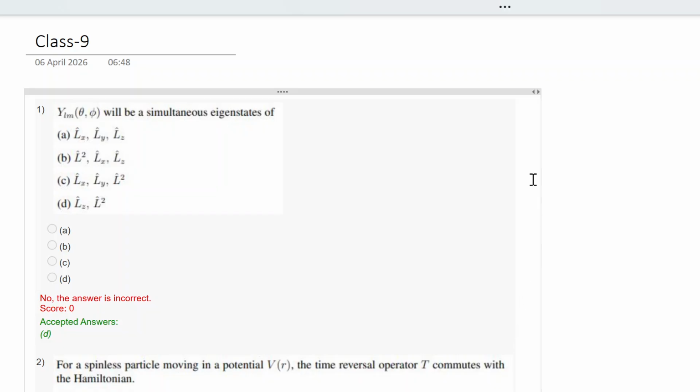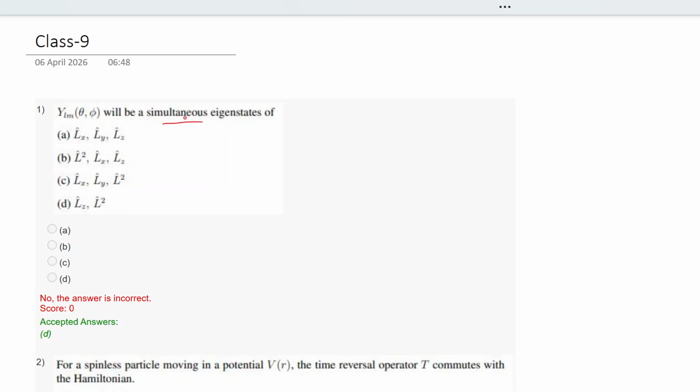So question number 1 is why ln theta phi will be a simultaneous eigenstates of which of these sets of operators. The angular momentum operators, L squared and others, are given in the options. To know whether they will have simultaneous eigenstates, the operators must commute with each other; then we can safely say that they will have simultaneous eigenstates.